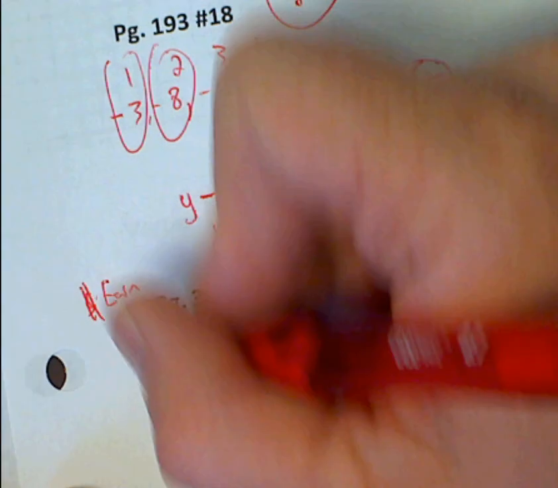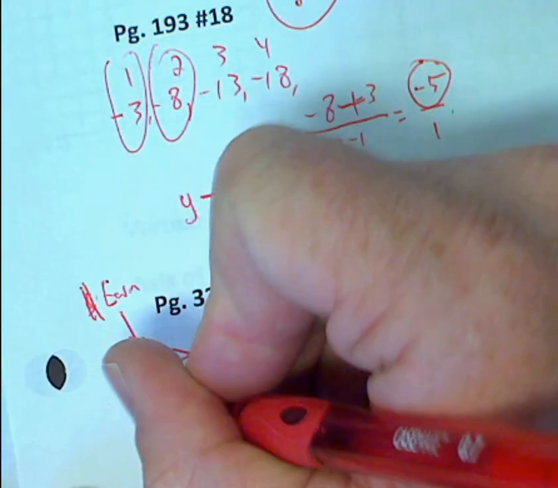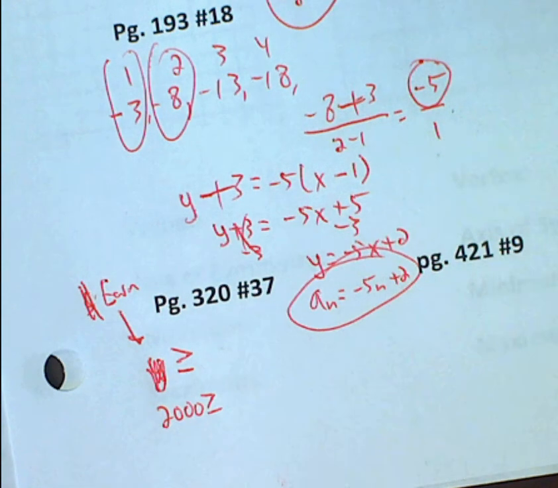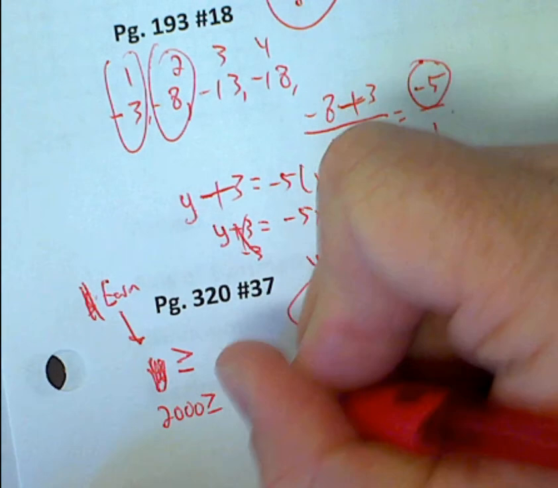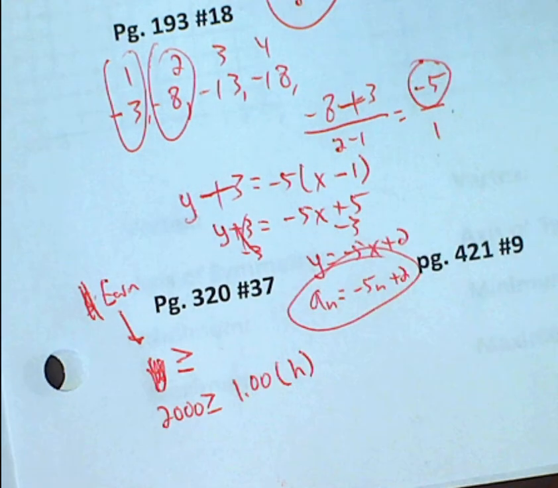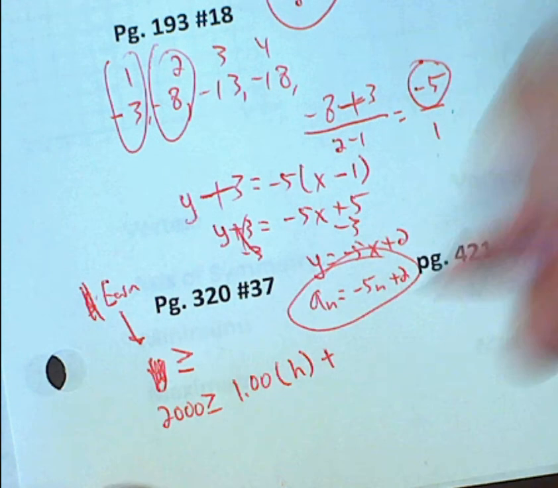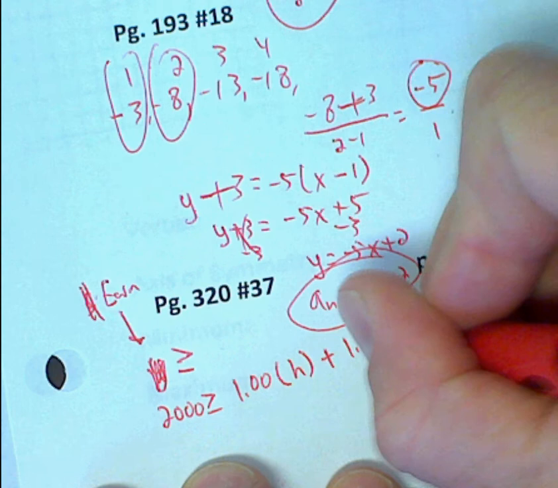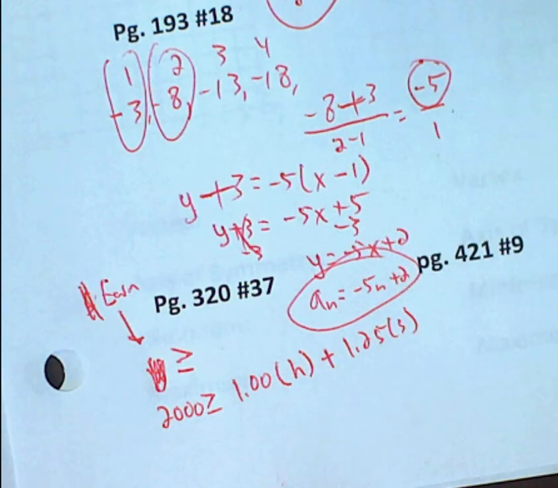I don't need y because we need $2,000 to be greater than or equal to. So now we're going to say hot dogs are $1, so $1 times h, where h is hot dogs, plus soda. So we'll say s is soda, $1.25 per soda. There is our equation.